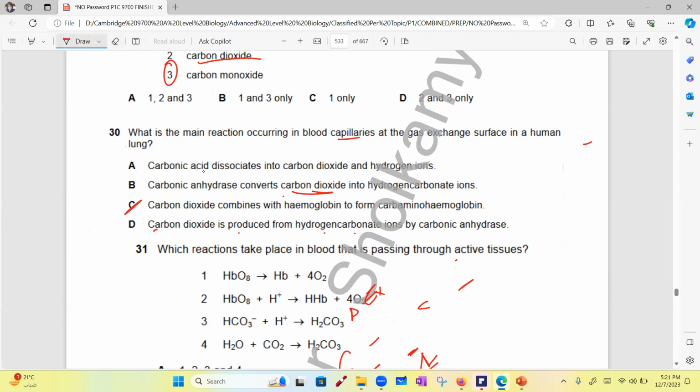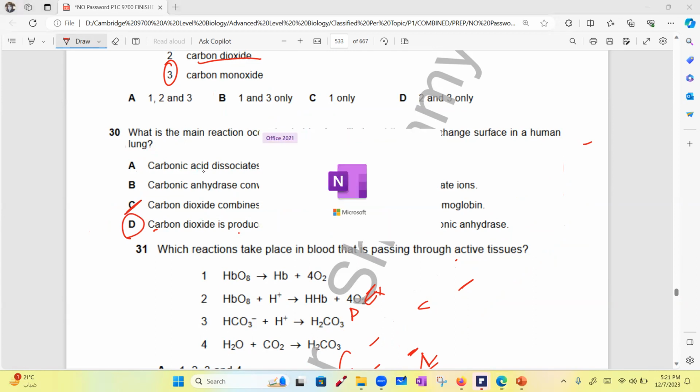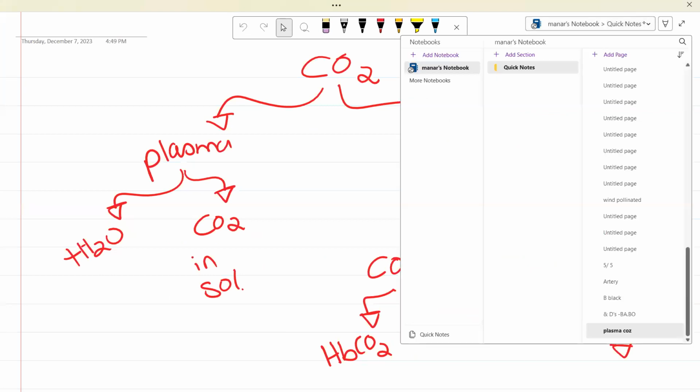We memorized a particular equation. We said, when I'm respiring, I will release carbon dioxide. Carbon dioxide will react with water in the presence of the carbonic anhydrase enzyme to give you carbonic acid.